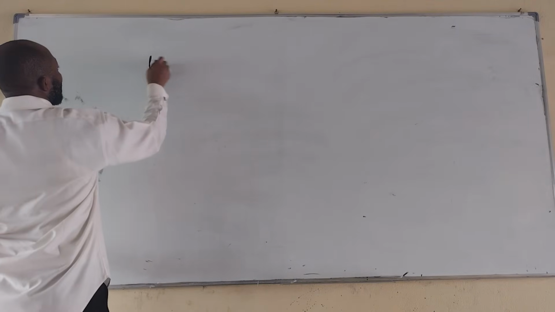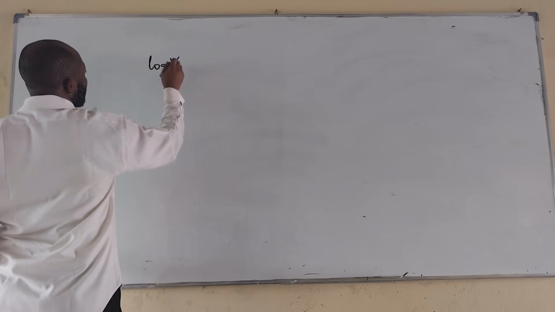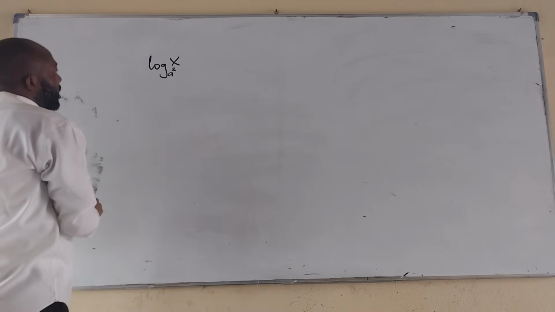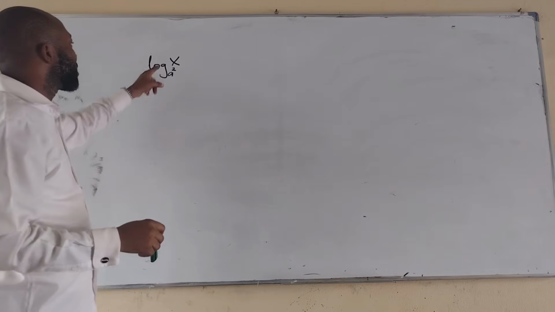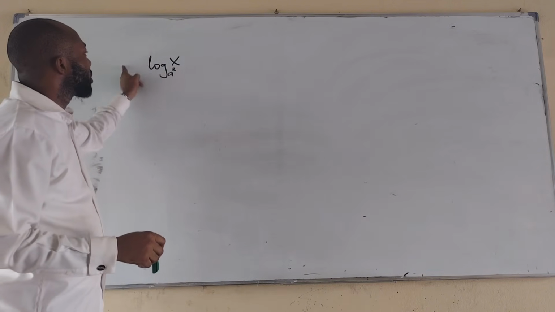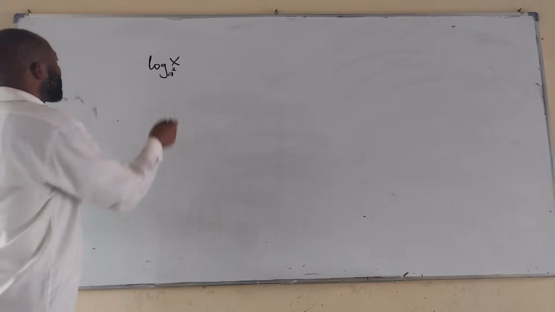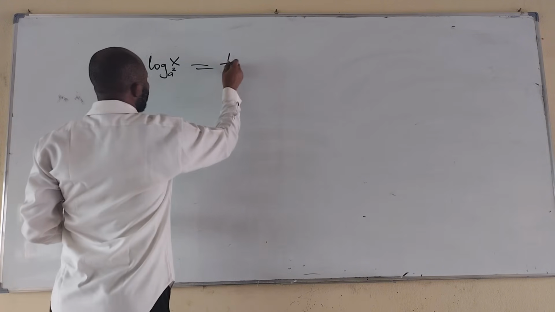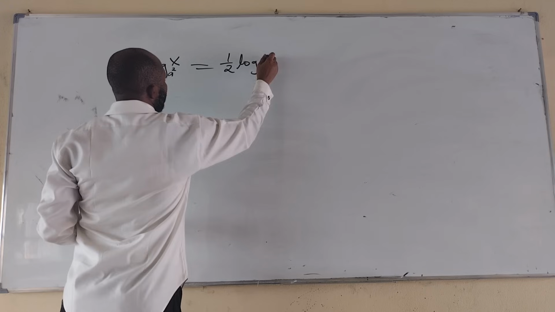When it is the base that has the power, the reciprocal of that power of the base is used to multiply the log. And the reciprocal of 2 is 1 over 2. So this becomes 1 over 2 log x base a.